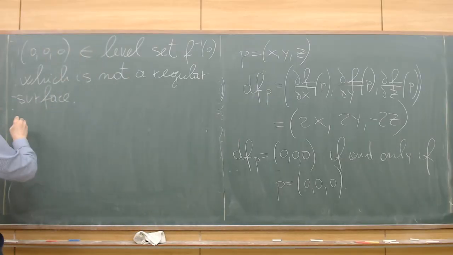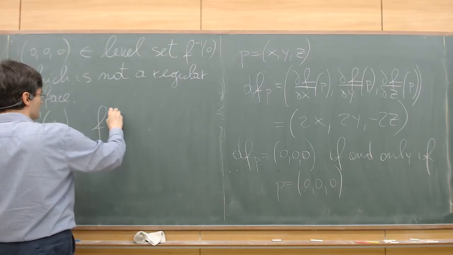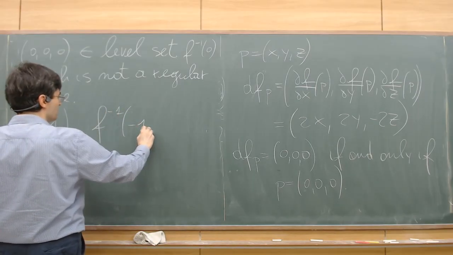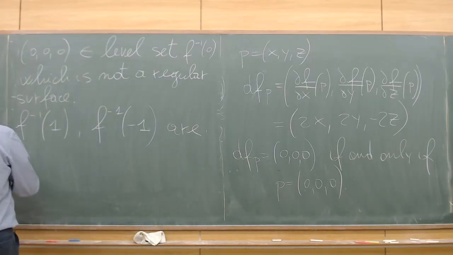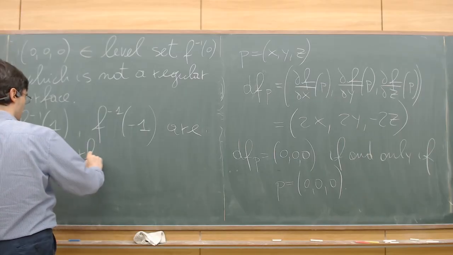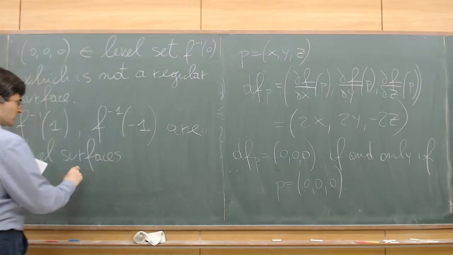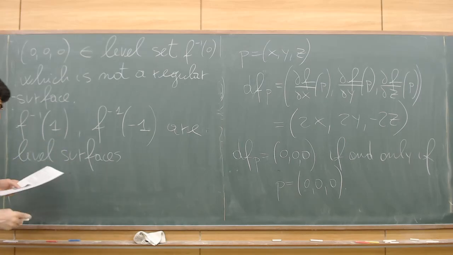Instead, F inverse of 1 and F inverse of minus 1 are level surfaces. So I want to remind you that this means that they are regular surfaces.